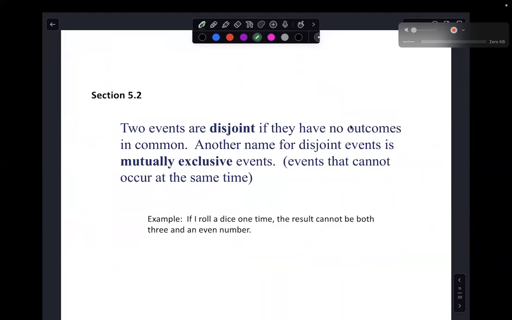Mutually exclusive means that they can't occur at the same time. I can't roll both a 2 and an odd number with the same roll because 2 is not odd. Or I can't be both 3 and an even number because they're disjoint. So disjoint probabilities are super simple. It gets a tiny bit more complicated, but not much, when things aren't disjoint.